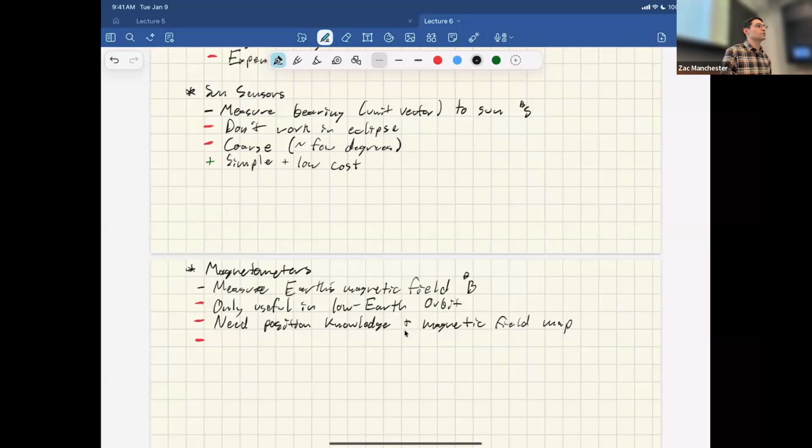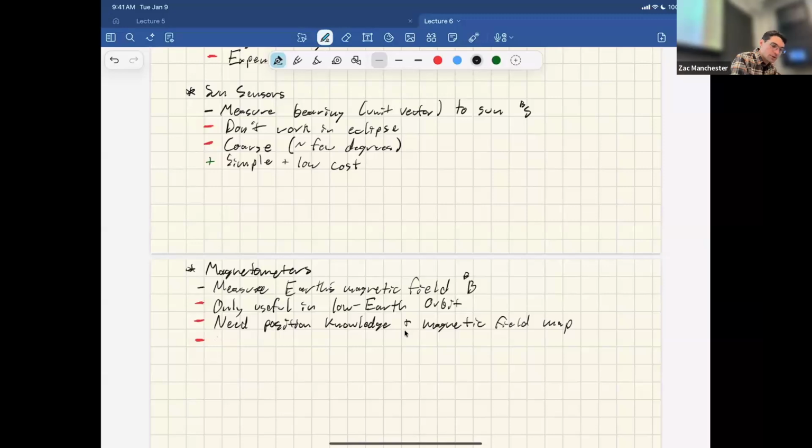So spacecraft that are trying to do really accurate magnetic field measurements will put the magnetometer out on a boom away from the bus electronics. The other interesting thing is that magnetic field strength falls off like R cubed, so it falls off really fast as a function of distance from the source. You don't have to get that far away for the interference to taper off very quickly. So an approach is to stick it on a boom out a couple meters from the bus.